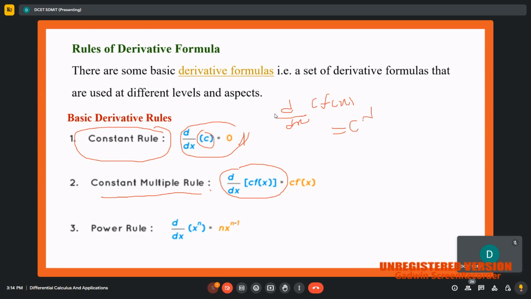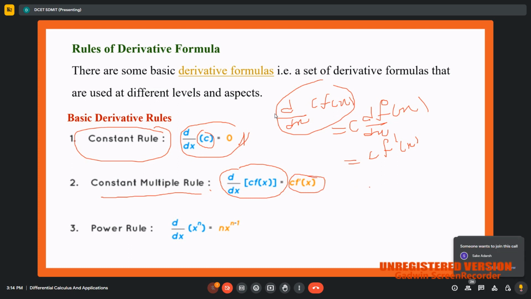It becomes c into d by dx of f of x. d by dx of f of x means differentiation of f of x, which we can write in the form f dash of x. So in the constant multiple rule, d by dx of c into f of x is nothing but c into f dash of x.